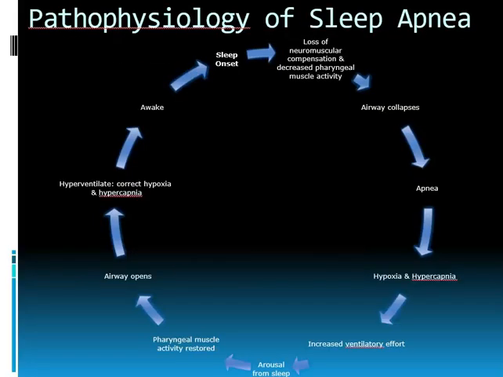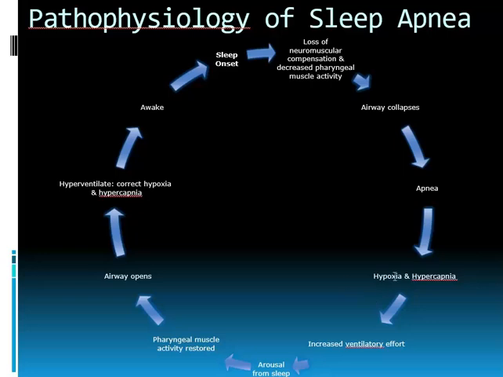So here's a really good graphic of the whole cycle of what happens during an apnea. We fall asleep, and we lose that muscle tension and tone. That hypotonia that typically occurs during sleep can cause the airway to collapse, which results in an apnea.